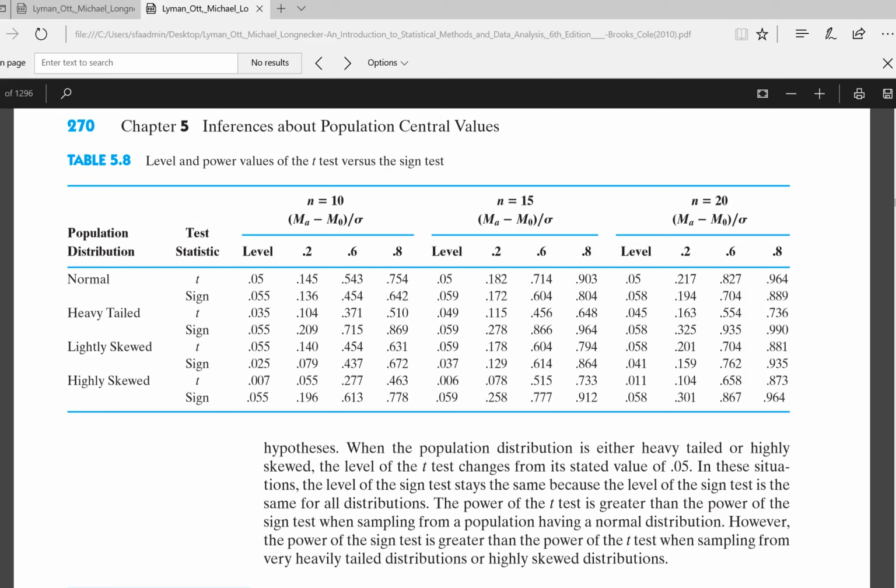But if we sample from a heavy-tailed distribution, which is not normal, or take, for example, a highly skewed distribution, which is not normal, then the t-test actually has a level of 0.007, which is much lower than the specified nominal level of 0.05.